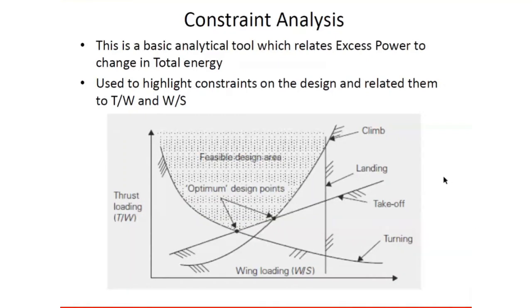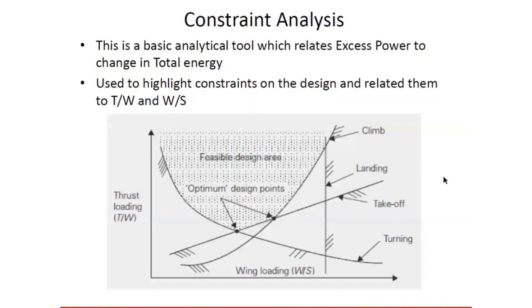For example, if you increase the kinetic energy and along with that you increase the potential energy, then the aircraft is climbing. Without increasing the thrust, if you try to increase the kinetic energy but trade off the potential energy, then the aircraft is in a glide mode, gliding downwards.